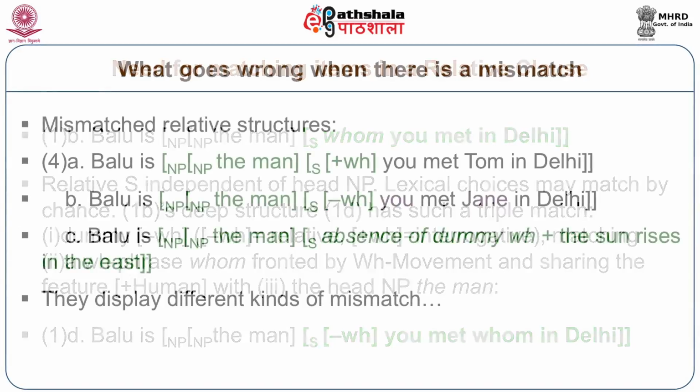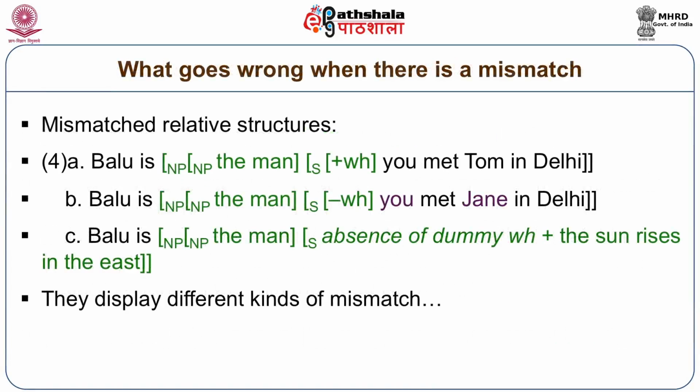Now we come to the filtering problem. Consider a set of phrase structure rule applications and lexical insertions that give rise to an inappropriate deep structure. For example, "Balu is the man minus WH, you met Jane in Delhi" rather than "you met whom in Delhi."